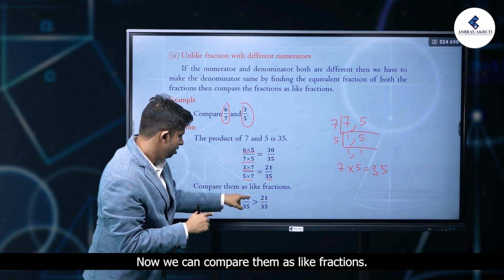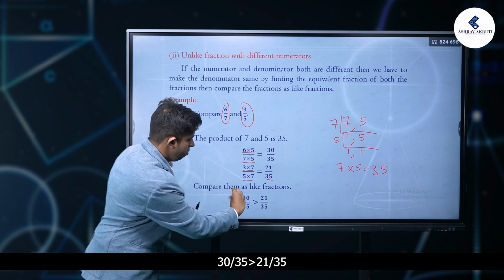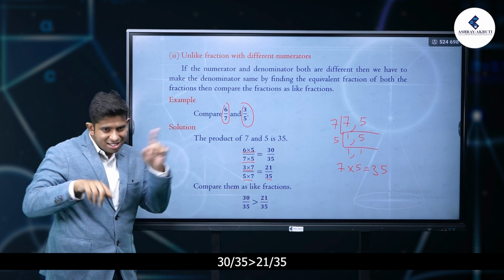Now we can compare them as like fractions. 30 by 35 is greater than 21 by 35.